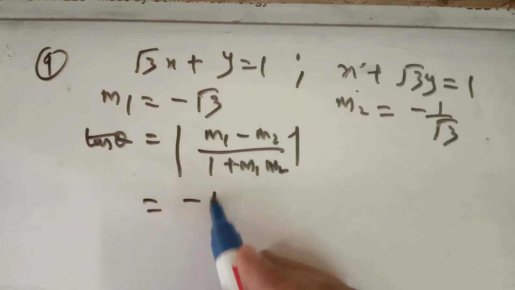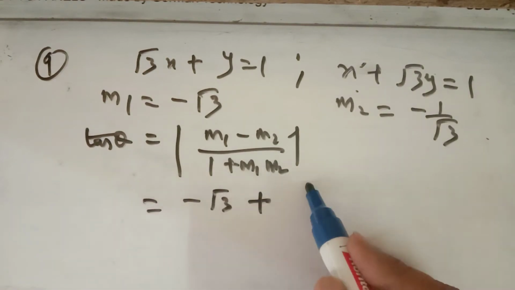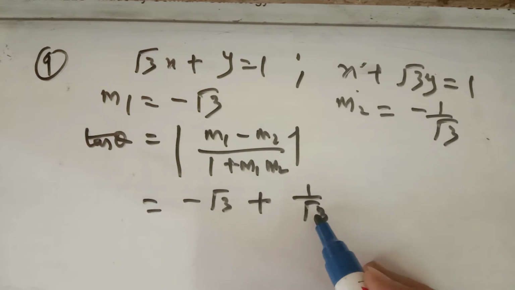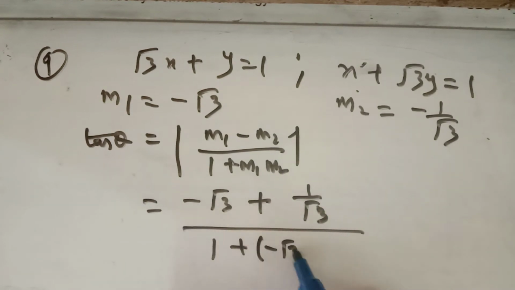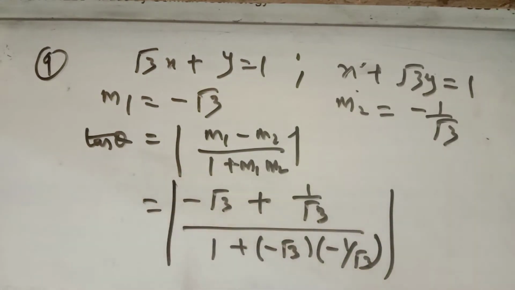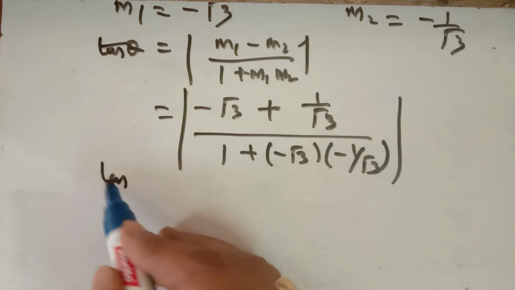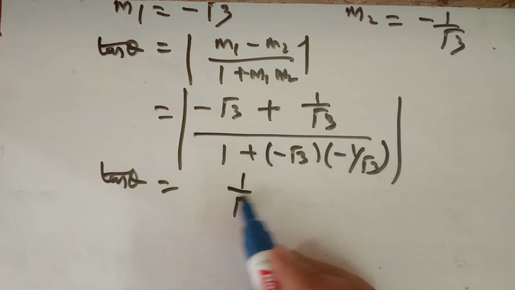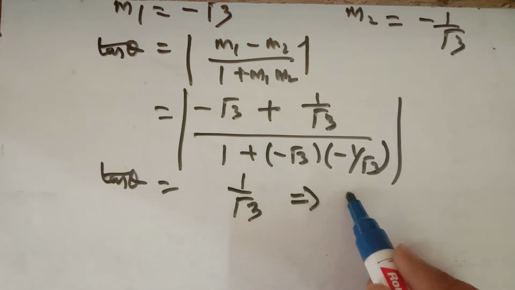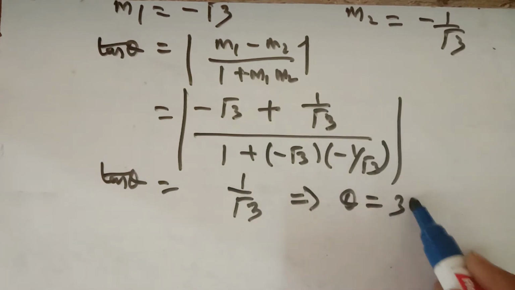So m1 is minus root 3 and m2 is 1 upon root 3. It will be plus, and upon 1 plus m1 into m2. Mod होता है यहाँ पर, you know it. When you are simplifying it, you are getting 1 upon root 3, which gives theta is equal to 30 degrees.